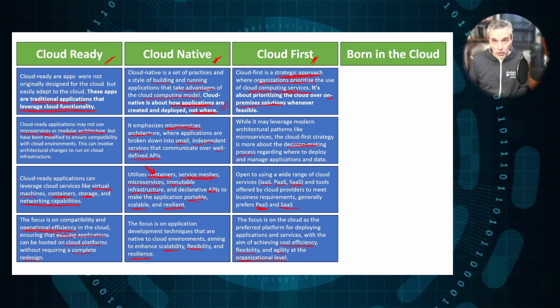So cloud first will adopt some technologies that are going to be very specific to a given cloud service provider. So that might adopt something like Azure Container Apps over Kubernetes, because Azure Container Apps gets me out of the business of having to maintain Kubernetes clusters.